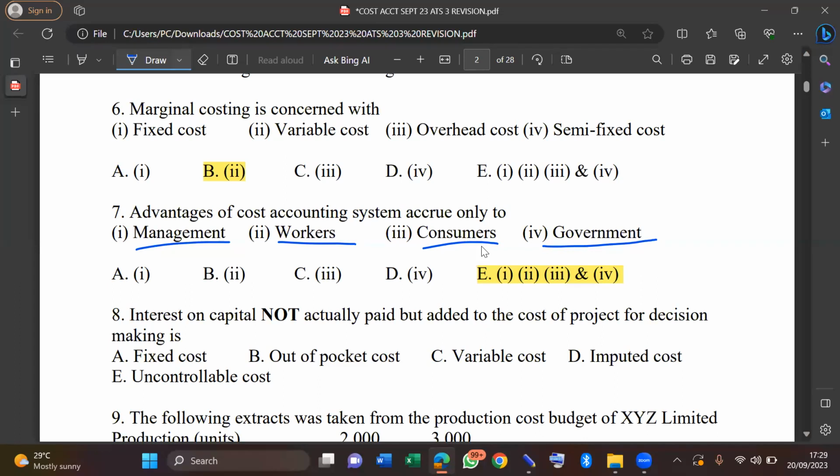Why is it important to them? If the company did not provide a quality service, a quality product, and at a reasonable price, then they will go to your competitors. What is the essence? It means the company has not engaged in an adequate cost accounting system, because you are not able to manage your costs, your overheads, and you are not producing efficiently.